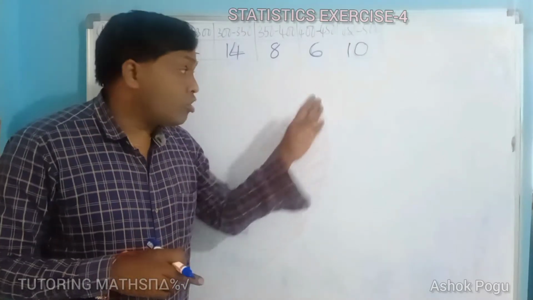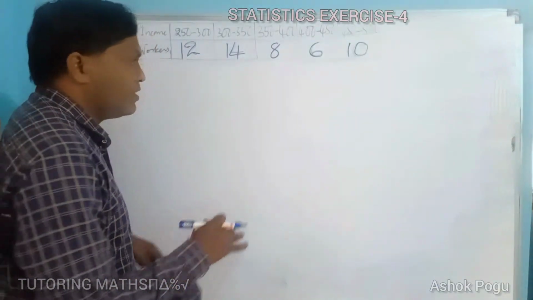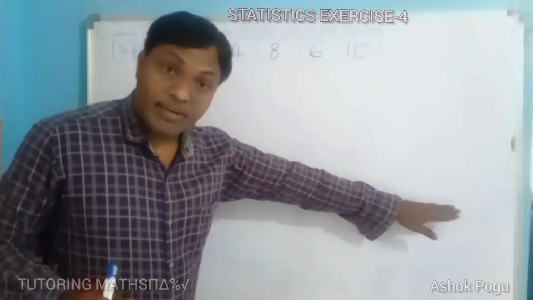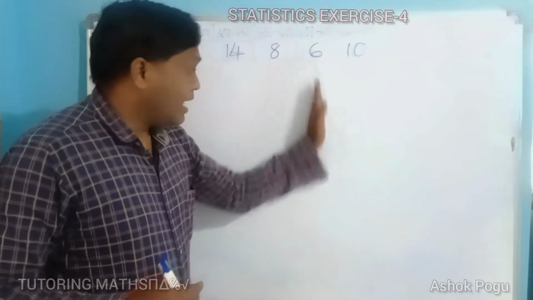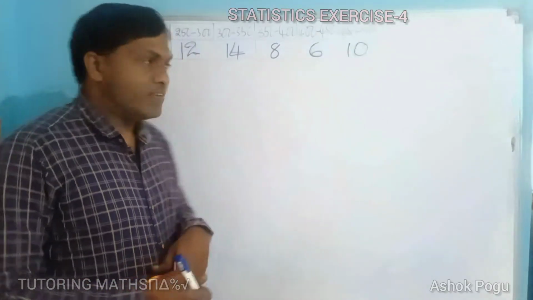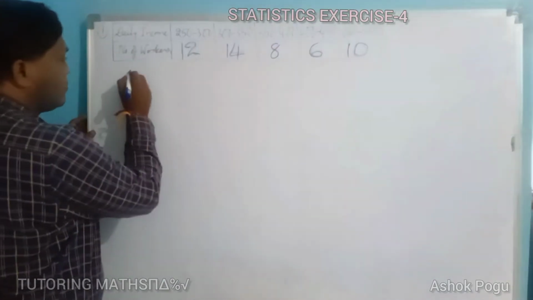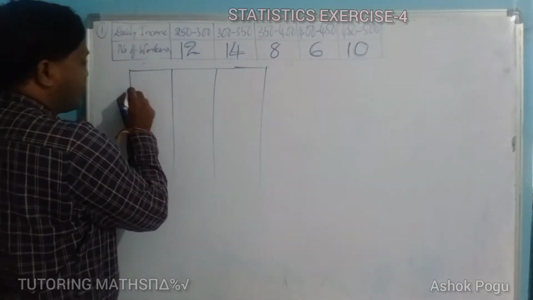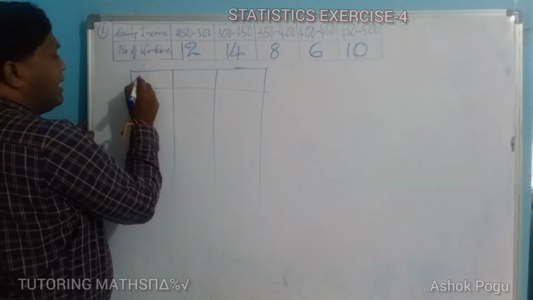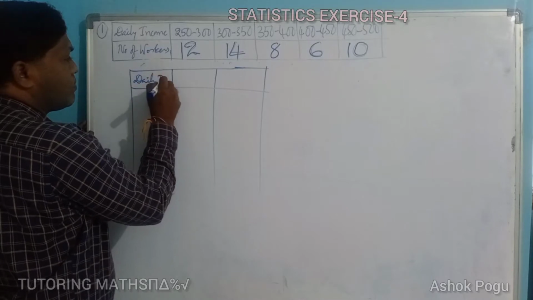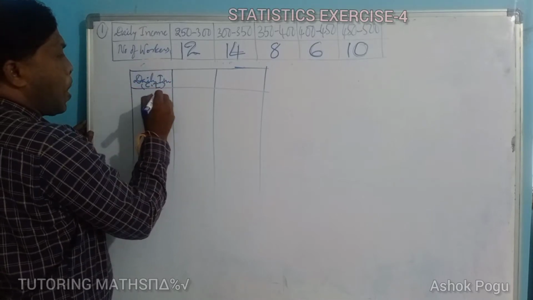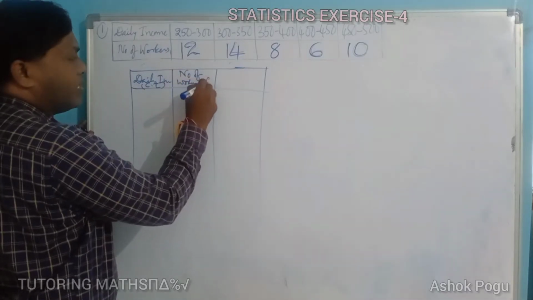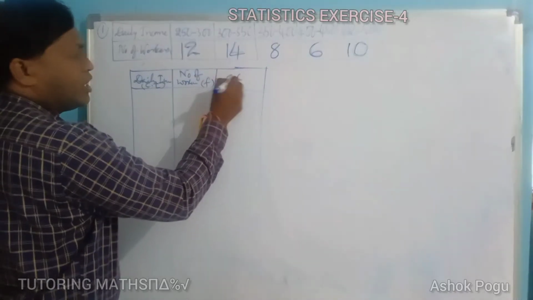What is required to draw an ogive curve? You should keep that in mind. To draw an ogive curve we require limits, boundaries, and on the y-axis cumulative frequency. Daily income is nothing but the class interval. Number of workers is nothing but frequency, and here we should take cumulative frequency.